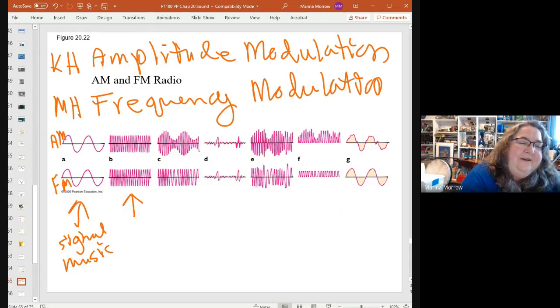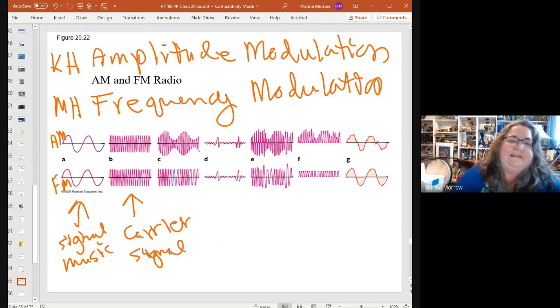Okay, so what happens is, this is your carrier signal. And so for the AM station, being amplitude modulated, it takes the original pattern that you want and it places that on top of the carrier signal, and you end up with this. Okay, so this is what's sent out by the radio station. So that's your amplitude modulated signal.